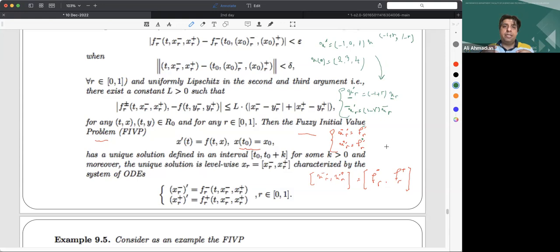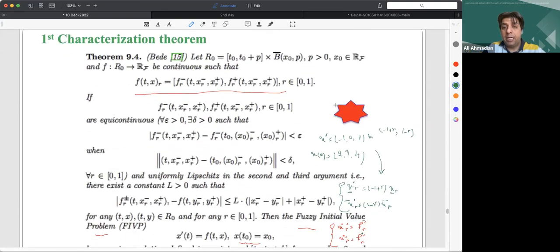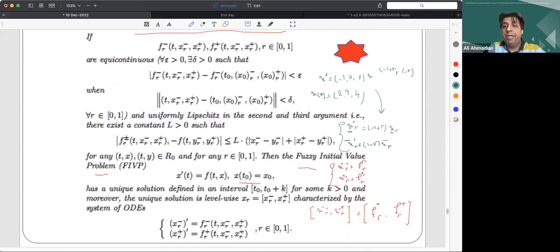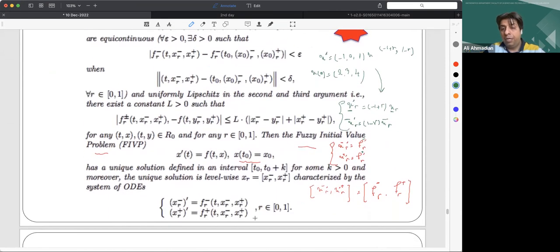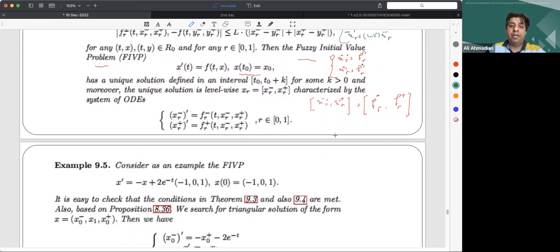Any way that you select to solve in the crisp or non-fuzzy setting, you can start to do it. Similar, no difference, because under the characterization theorem and considering the fact that we have Hukuhara differentiability, we transfer it to an ODE system and then we can solve it.